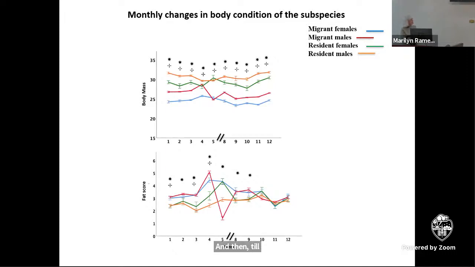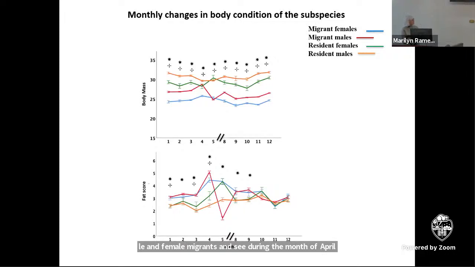But here we have displayed the residents, the male and female residents, and then the migrants are beneath. What pops out here is that the residents are bigger birds. Not surprising. When we look at fat score, then we begin to see that the migratory period is popping out. This is the male and female migrants, and you can see during the month of April, they're starting to fatten.